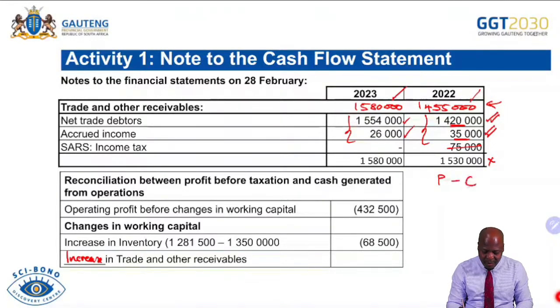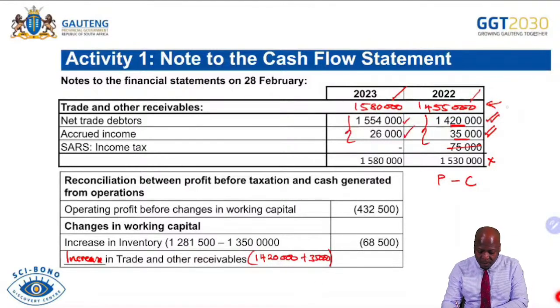So we say previous minus current. So let's start with our previous then. With our previous, how did we get the previous amount? I'm going to come here and we got the previous amount being 1,420,000, and then remember we added the 35,000, and then we close that bracket, which gives us the 1,455,000 here.